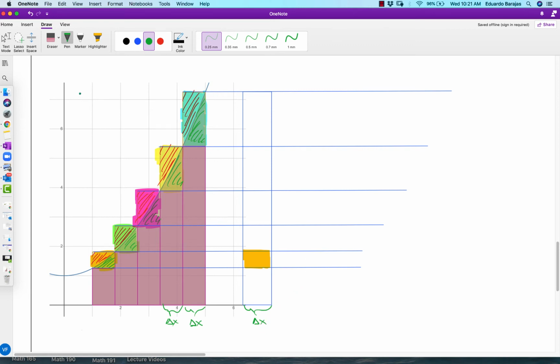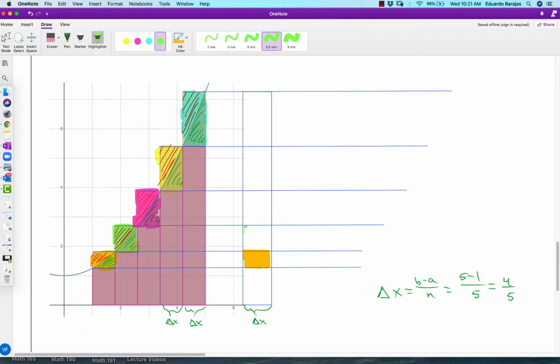Remember, the formula for delta x is the same everywhere: delta x equals b minus a divided by n. In this particular case, we were doing 5 minus 1 divided by 5, so it equals 4/5. 4/5 is the delta x width.